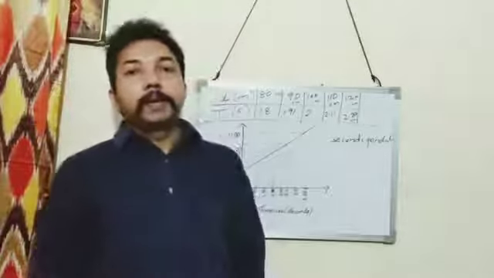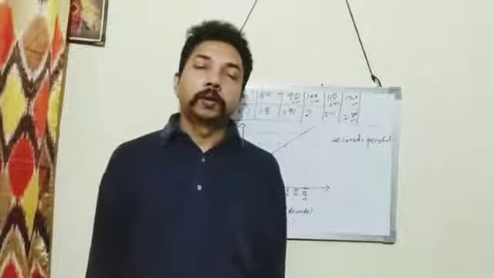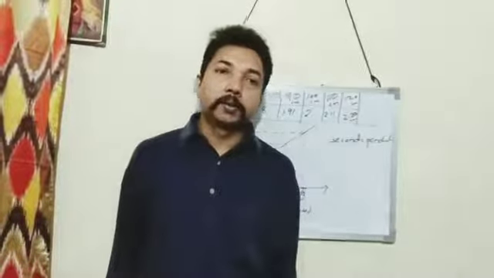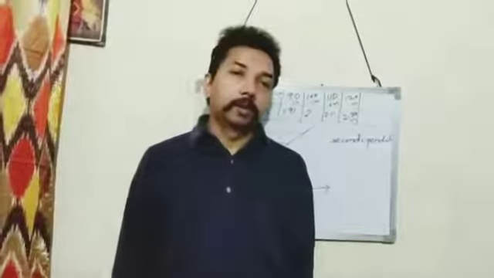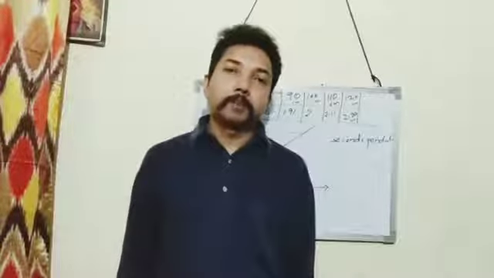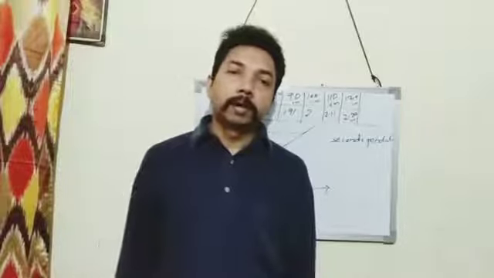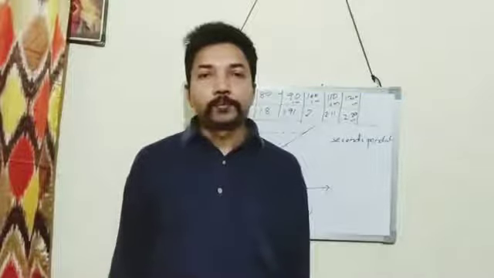So time period of a pendulum depends only on its effective length and acceleration due to gravity. Time period does not depend upon the shape of the bob. Whatever be the shape of the bob, it does not affect the time period.